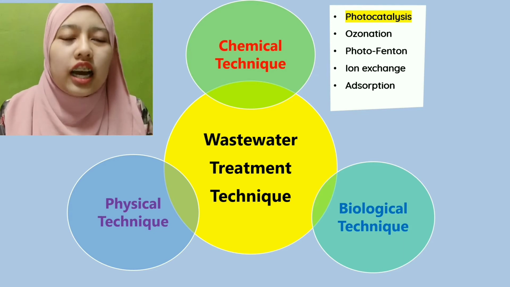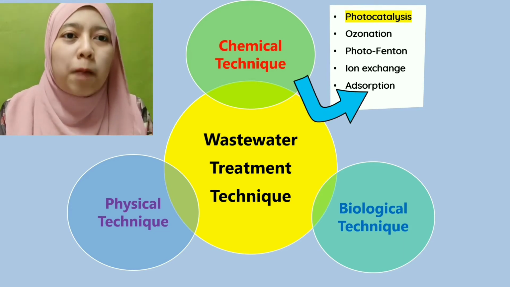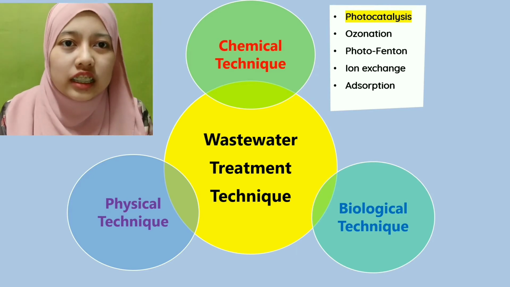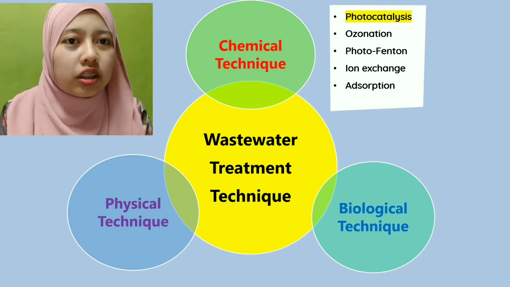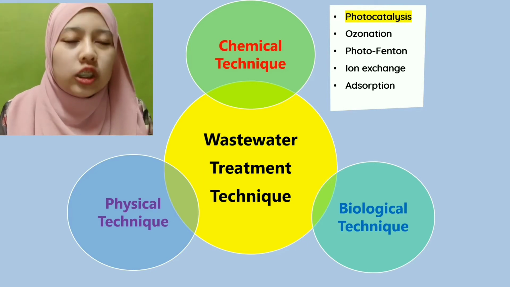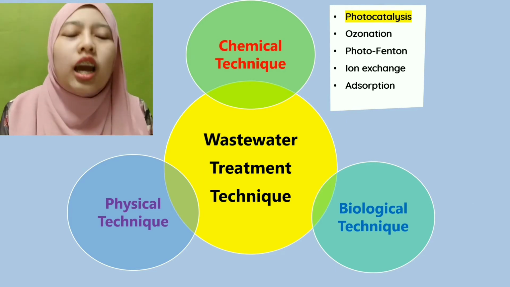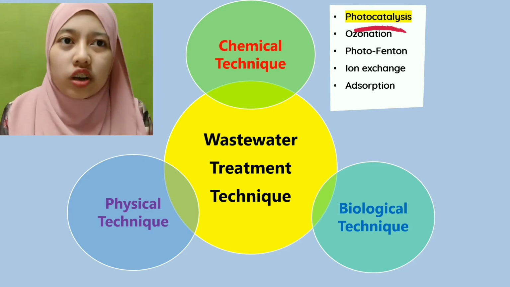Chemical techniques are divided into some processes, which are photocatalysis, ozonation, photo-Fenton, ion exchange, and adsorption. In order to solve the problem of untreated wastewater from batik, we are going to choose the photocatalysis process.